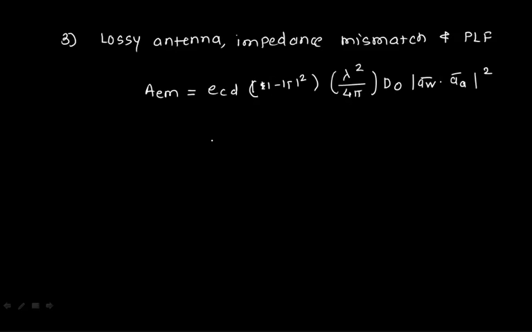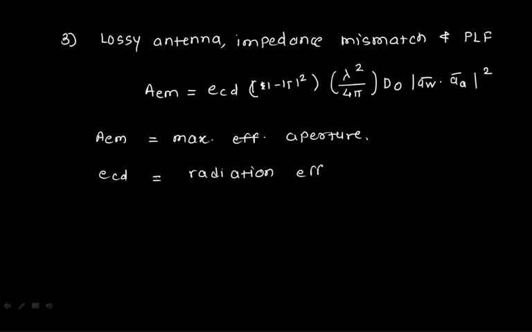So if you look here, AEM is nothing but the maximum effective aperture. ECD is the radiation efficiency or conduction dielectric efficiency. ET is the total efficiency. Rho is the reflection coefficient. So tau or rho, whatever, just mention it with tau. Rho is something different. I can say this is the voltage reflection coefficient. Lambda is the wavelength of the incident wave.